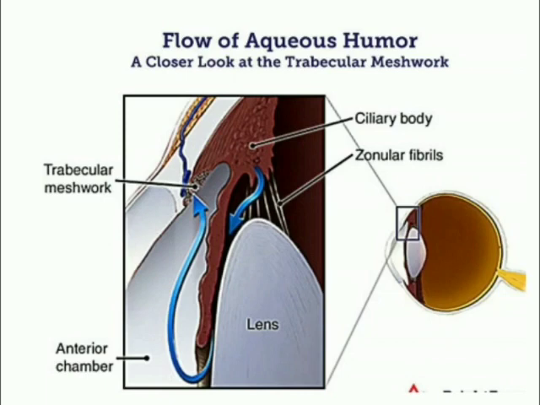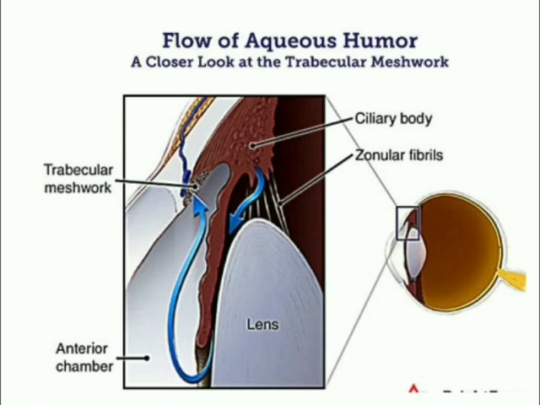Now, this is a process: production, circulation, and finally, drainage of aqueous humor. This entire process is extremely important to maintain normal intraocular pressure, usually termed as IOP.